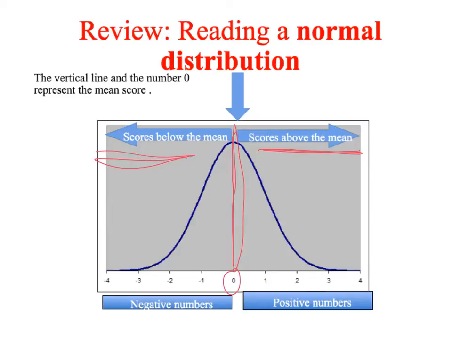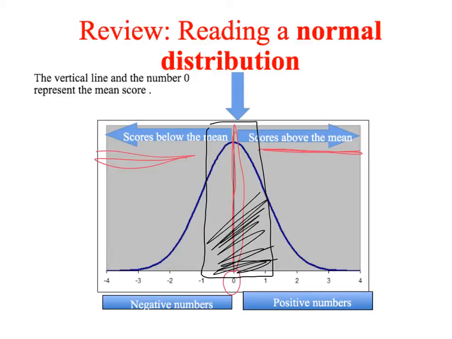And the greatest number of people in any given population fall within one standard deviation above or below this mean score. So this whole block falls in that position.